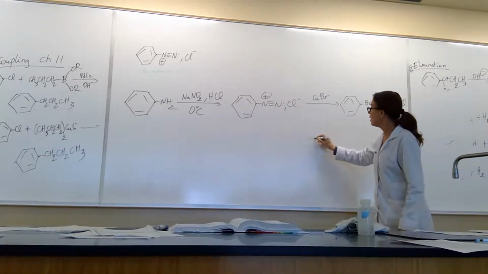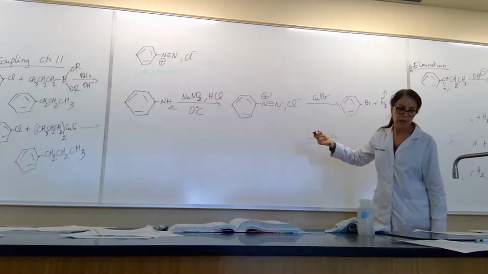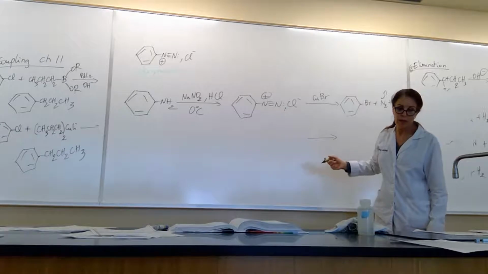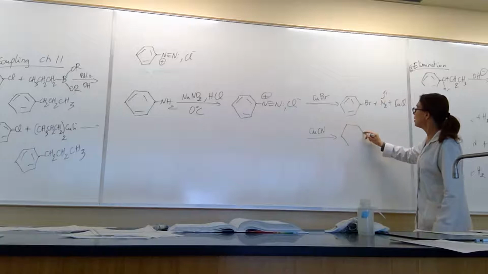Now, if I use, starting with the same reactant, CuCl, of course you're going to find it chlorinated. If you use CuCN, you're going to end up with the nitrile.